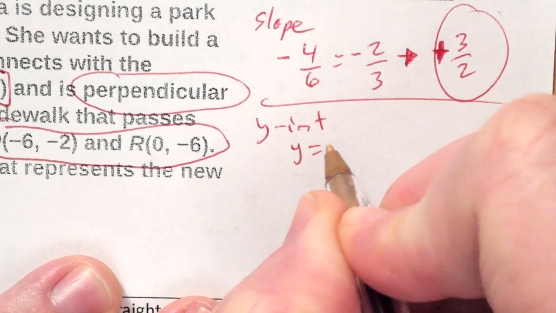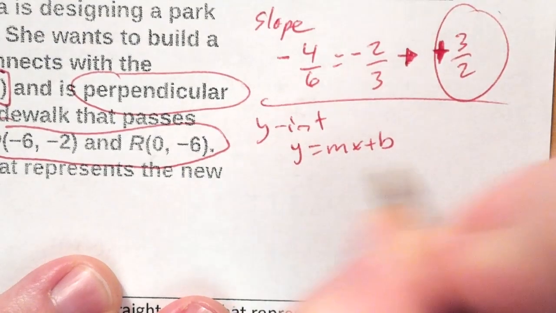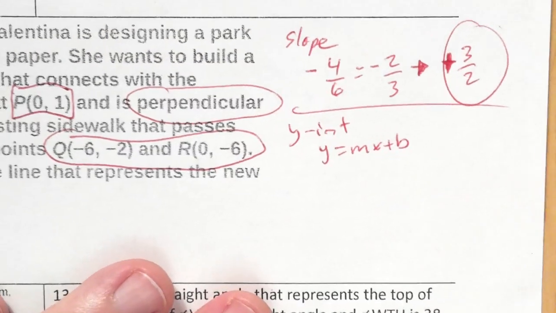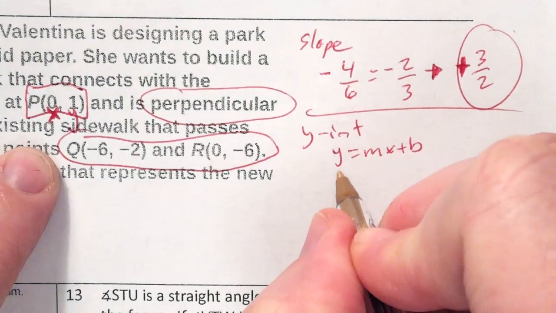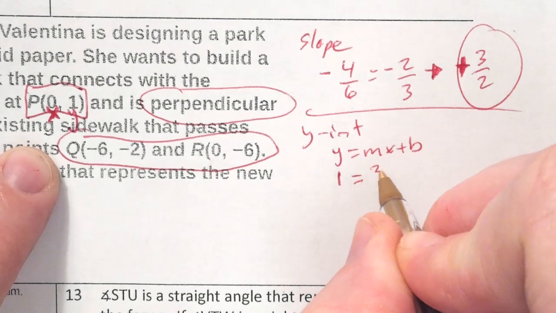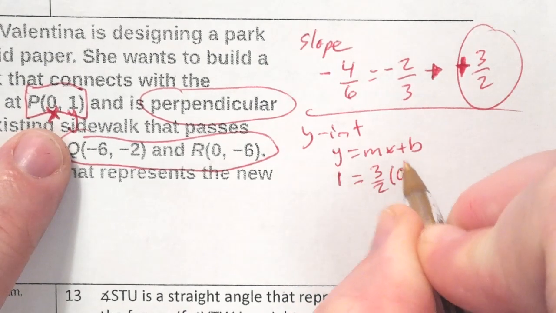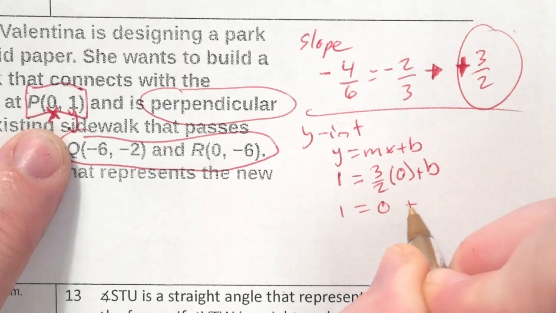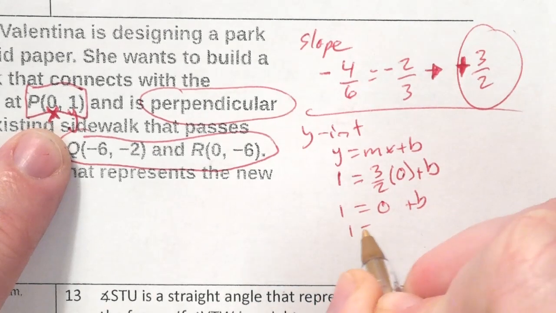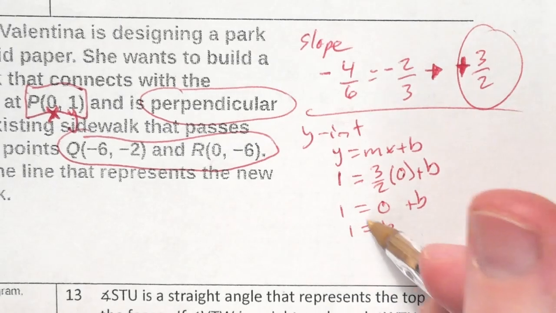Y-intercept: y equals mx plus b. Plug in everything else and solve for b. So this is my x, this is my y. So that's 1 equals 3 over 2 times 0 plus b. 1 equals 0 plus b. Subtract 0, you get 1 equals b. And that's your y-intercept.